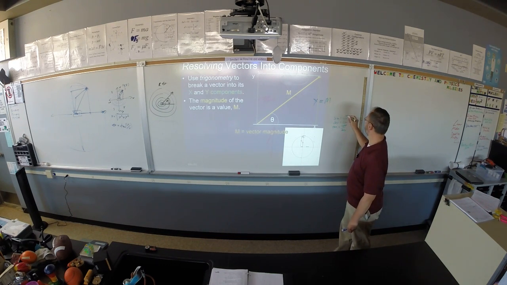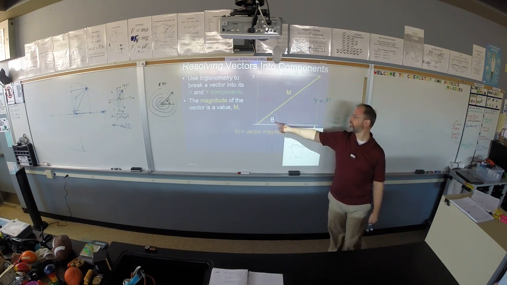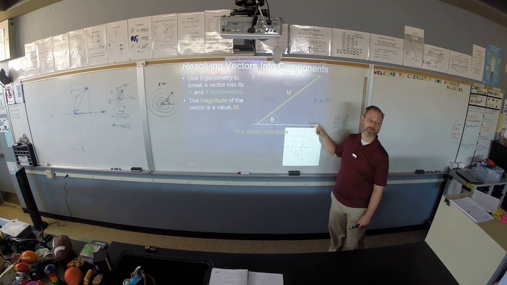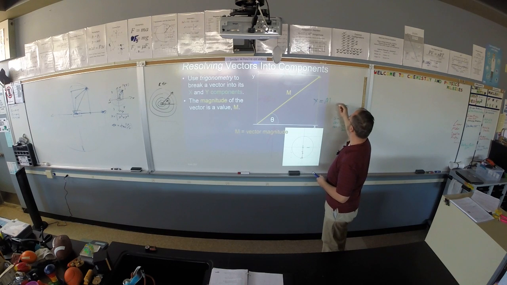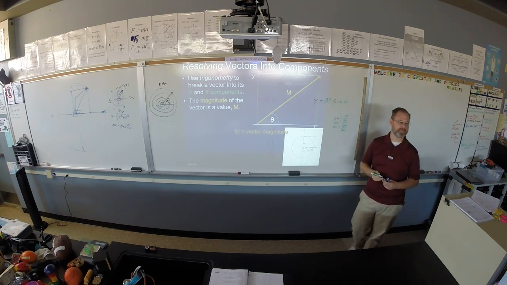Sine is opposite, and that leaves adjacent for cosine. So, looking at this angle, we're using the hypotenuse, and are we using the opposite leg or the adjacent leg? Opposite. So, to get y, it's m sine theta. And I'll show you how that cancels out here in a second. M sine theta.